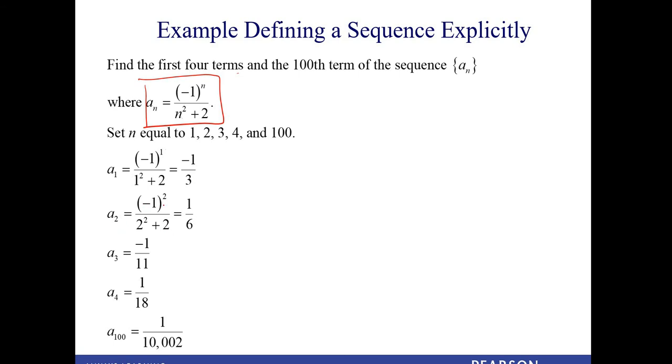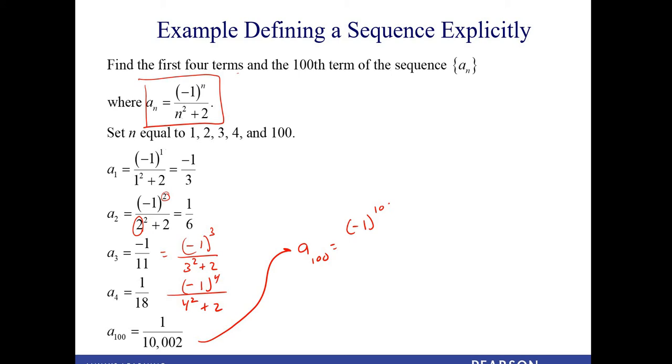A sub 2 is (-1) squared over 2 squared plus 2. A sub 3, they didn't show the work, but it would be (-1) cubed over 3 squared plus 2. A sub 4 would have been (-1) to the 4th over 4 squared plus 2, and of course A sub 100, following our rule, is (-1) to the 100th over 100 squared plus 2, and that gives us this.